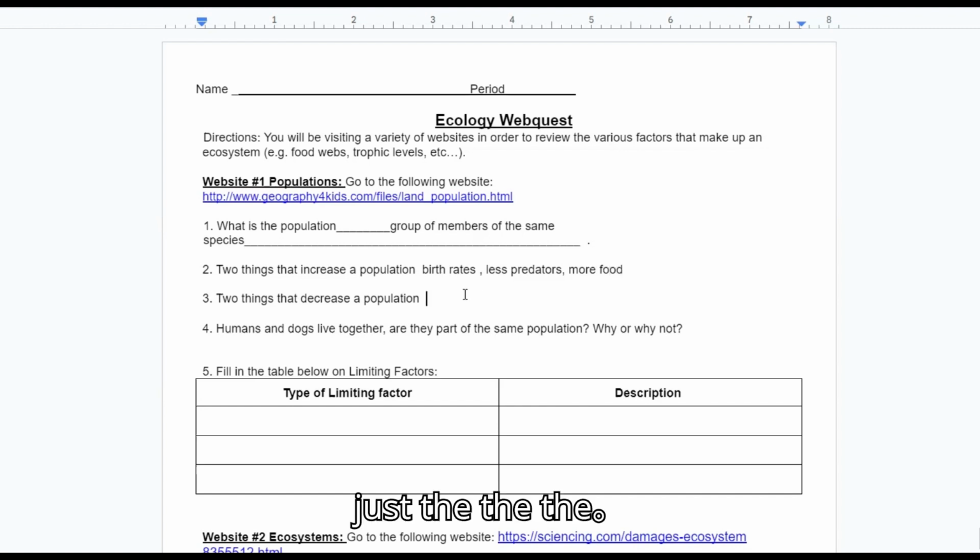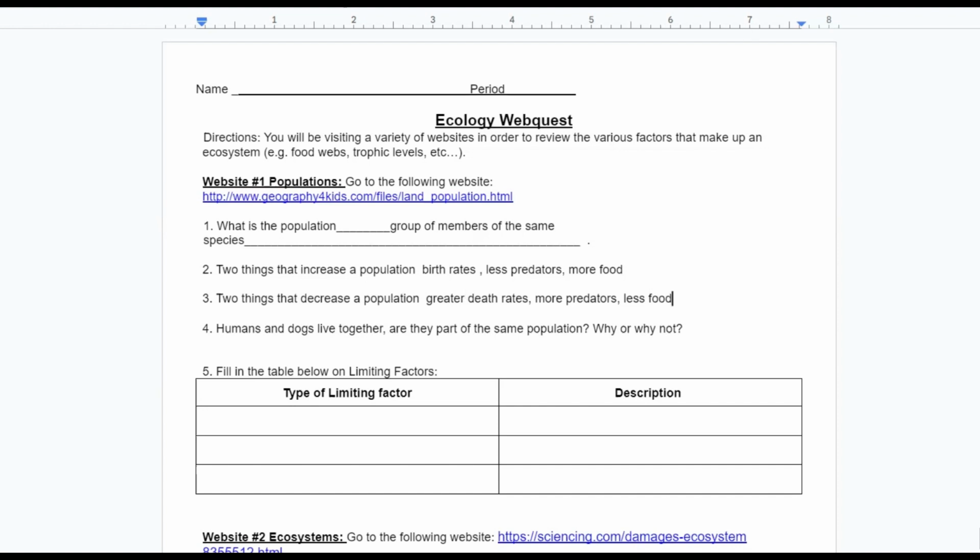Okay, just the opposite on the other one: greater death rates, more predators, and then the competition for food is harder, so less food.